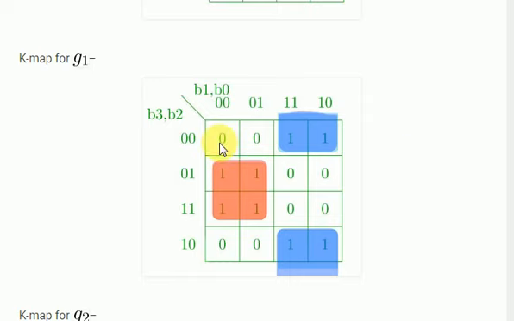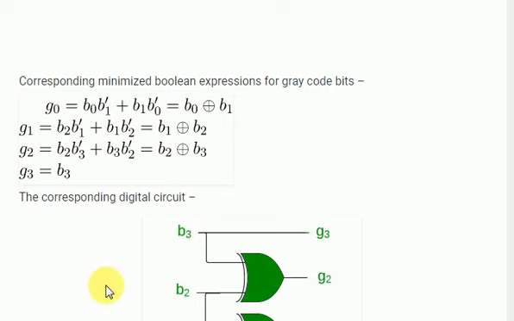So here one quad is here and the other quad is this, 2 1s here and 2 1s here. So for G1 we will have the output of B1 complement B2 plus B1 B2 complement, that is equal to B1 XOR with B2.